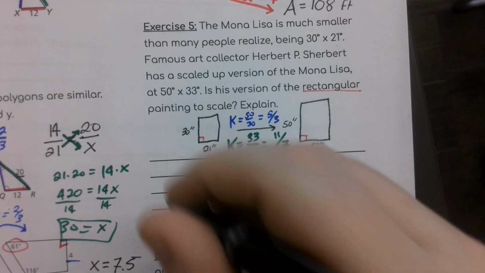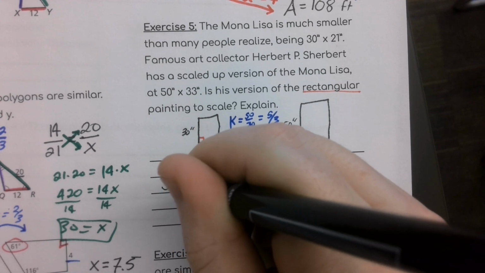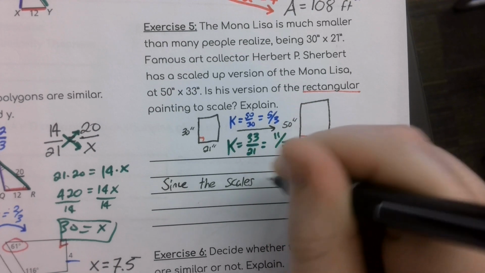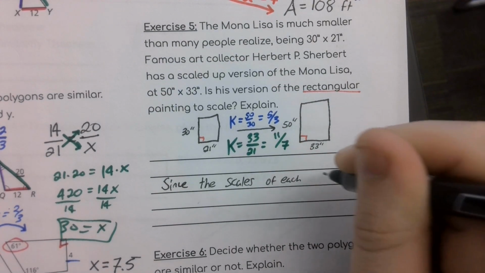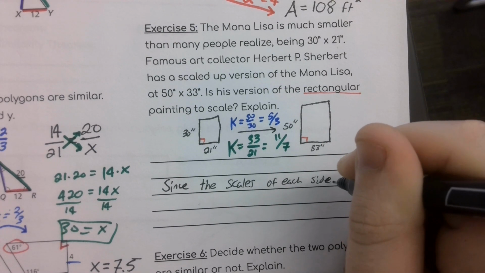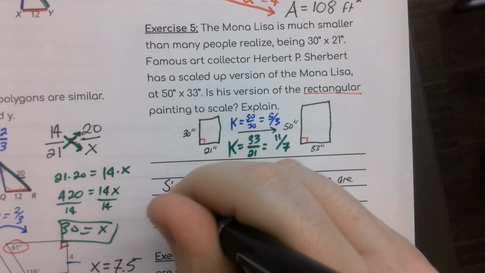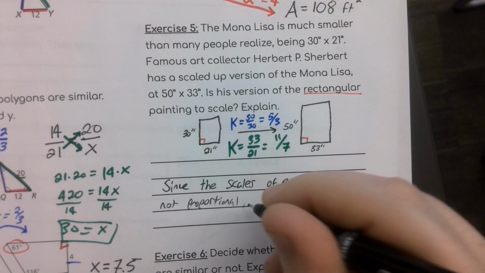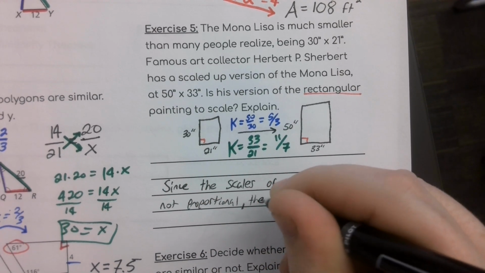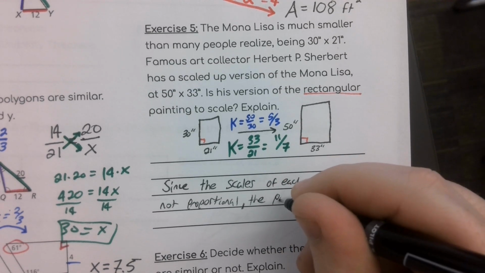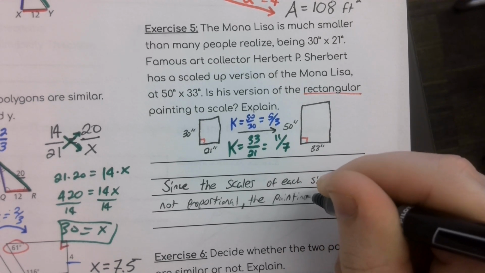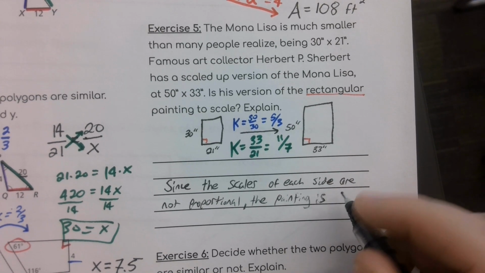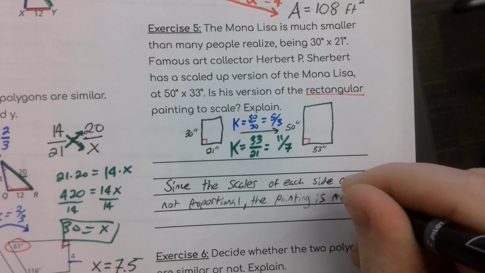So we would say, since the scales of each side are not proportional, meaning they do not share the same scale factor, the painting is not to scale.